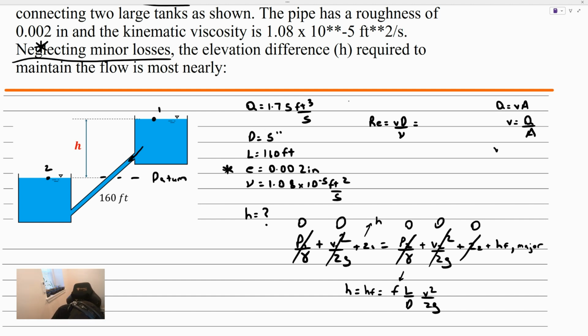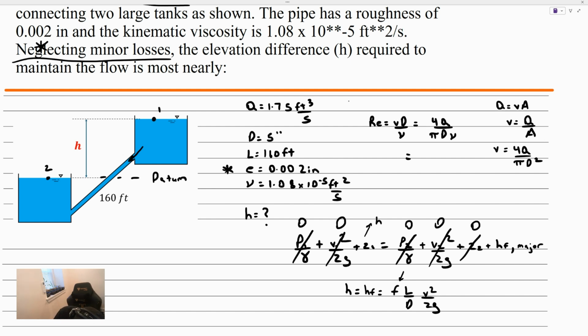If I replace the area, which is pi d squared over 4, what I get is 4q divided by pi d squared. So I'm going to substitute that into the Reynolds number. I have a diameter term that's going to cancel out with one of the d's on the speed term. What I get is 4q divided by pi d nu.